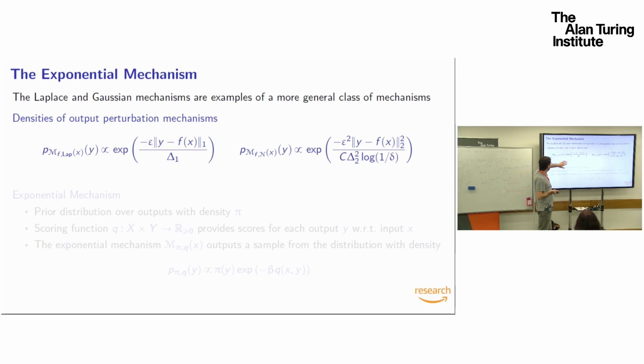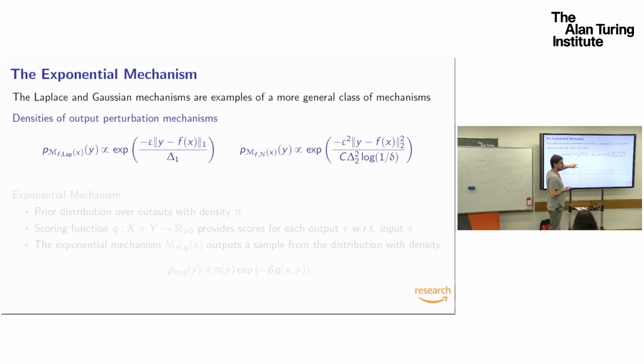Removing normalizing constants and so on, the output density of output perturbation with Laplace looks like this. The y's that are closer to the f(x) that I wanted to compute have more probability, and y's that are further away have a smaller probability.